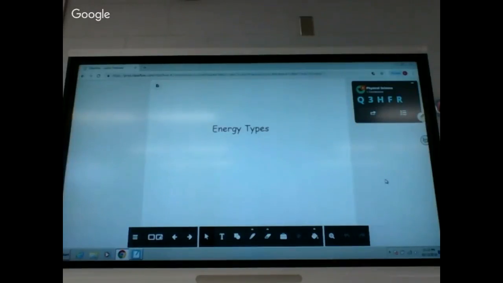Remember, you're going to classflow.com/student. And remember, y'all's name's not in there. You gotta go to the bottom and type yours in.